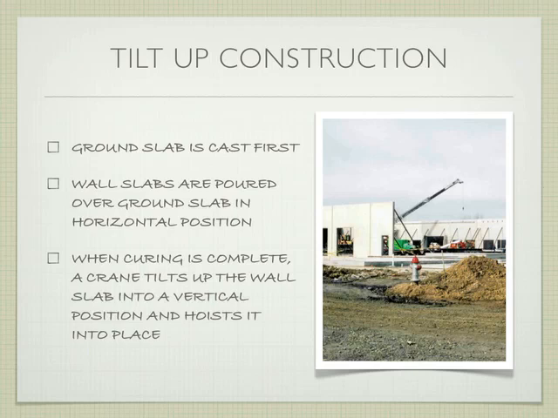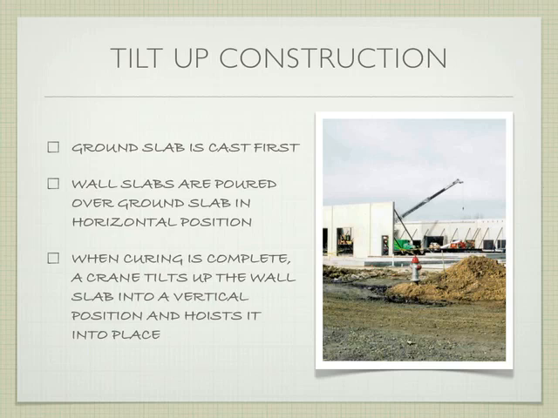And so what we do is we pour our slab on grade first. And after that, we pour our wall vertical pieces flat on the existing slab. So we use our slab on grade as one side of our formwork.